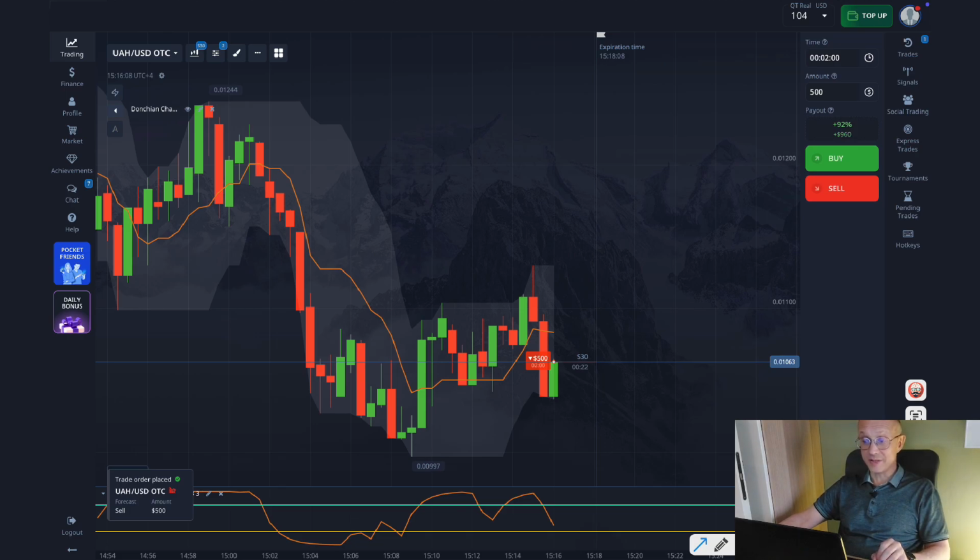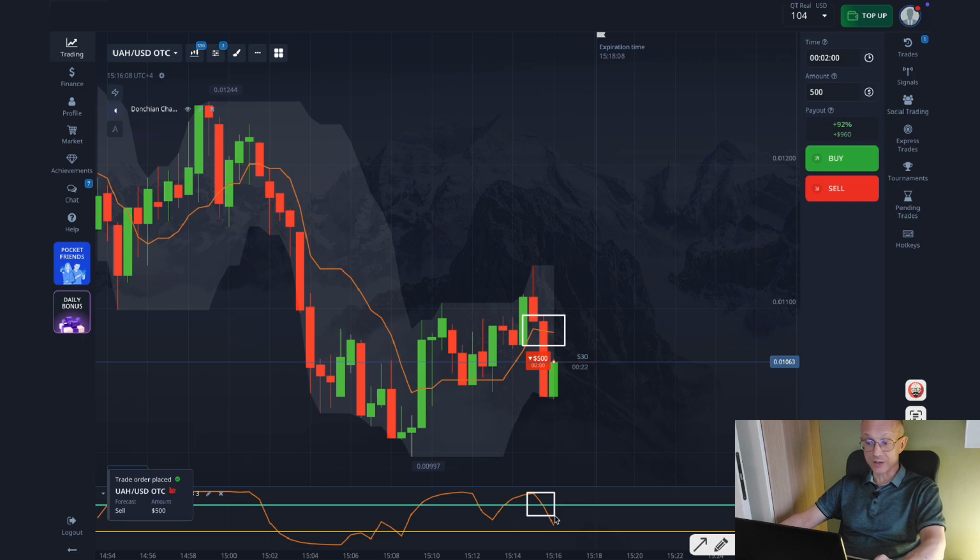Now I'll explain in detail how to apply this strategy in practice. The first signal comes from the Donchian Channels indicator. The candles have crossed the orange line from top to bottom. This signals the possible start of a downtrend and indicates a market decline. The second signal comes from the Schaff Trend Cycle indicator.